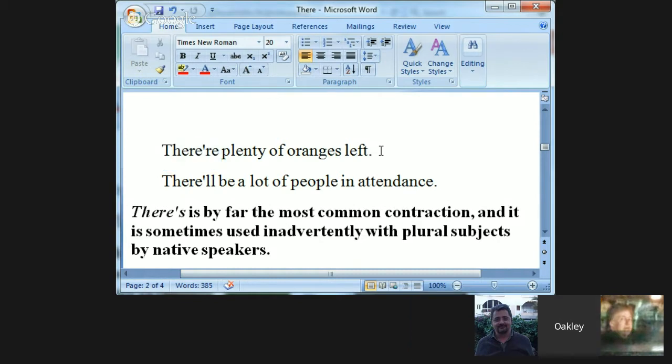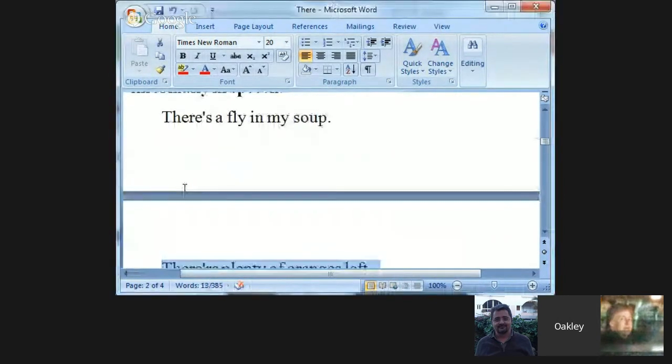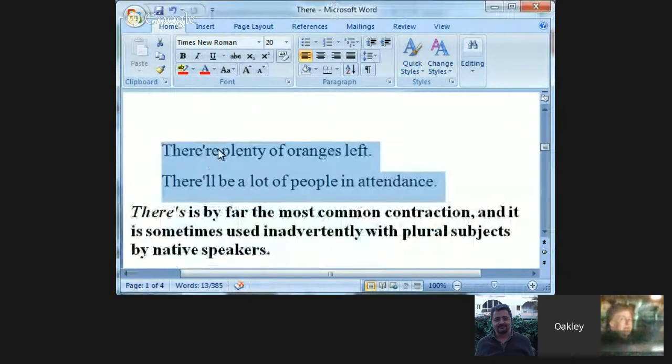There're. We do a little r thing there when we pronounce that. Okay. Anyway, the verbs to be, there is, are, or other auxiliaries will that we normally form a contraction with. There'll.